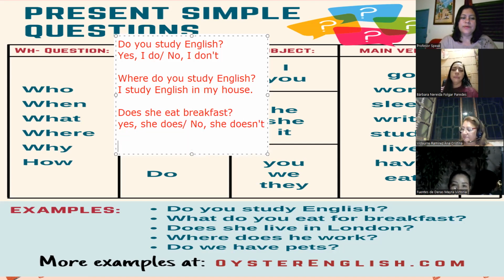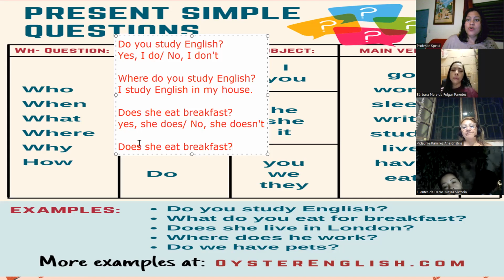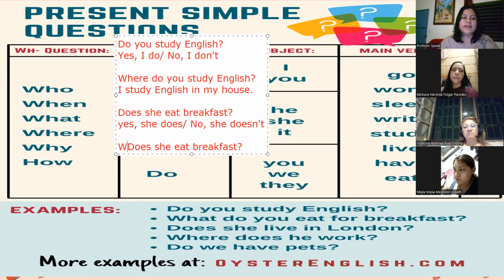Now, I am going to change, okay? I want to change to WH. I can say what does she eat for breakfast or where does she eat breakfast, or when. Okay, let's put when. When does she eat breakfast?